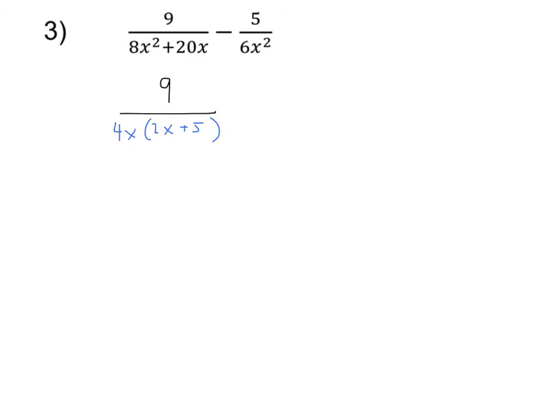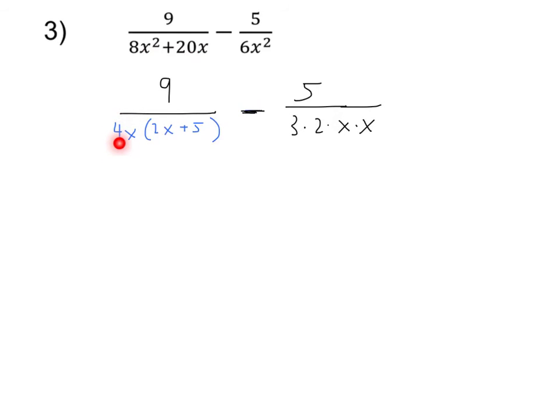All right, and then the second one, 5 is not going to change, but the denominator, 6x squared, can be factored as 3 times 2 times x times x. Oh, actually, I also notice here that this 4 could be factored.